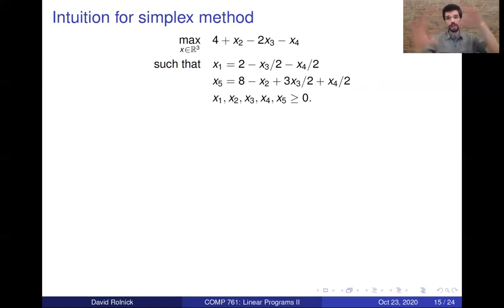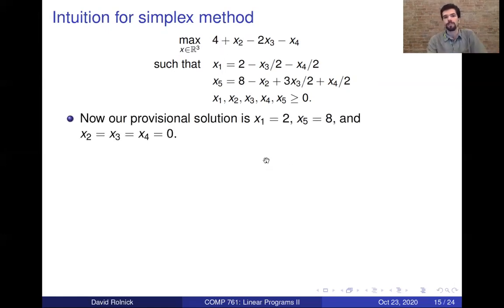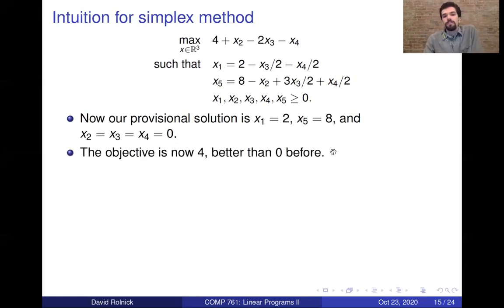So what we've just done is rewritten everything in such a way that the obvious solution, where all of these are just equal to the constants and everything else is 0, makes it very clear that we have an objective value of 4. So now our provisional solution is 2, 8, and all zeros. And the objective is, again, better than 0, which it was before.